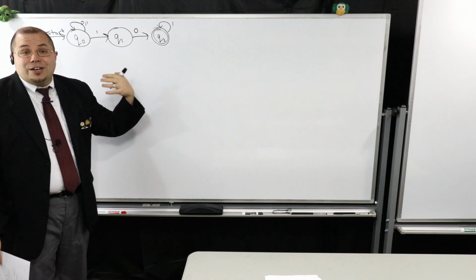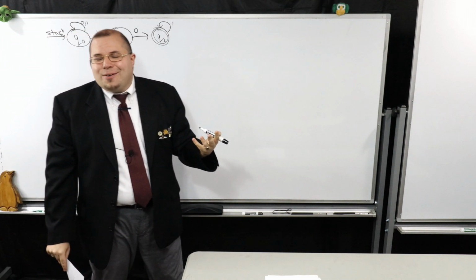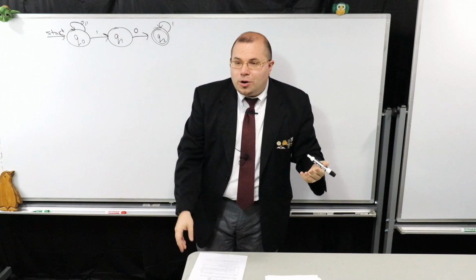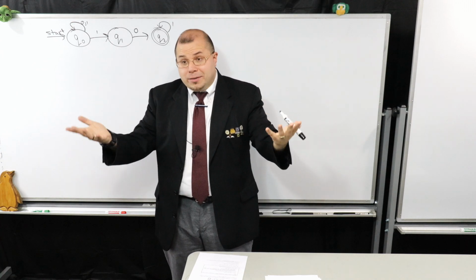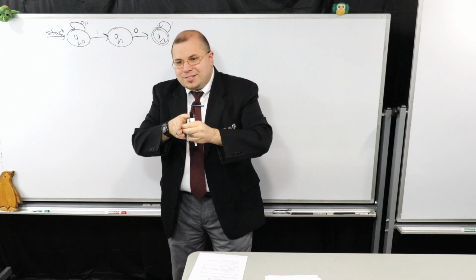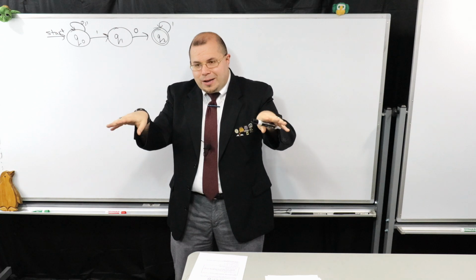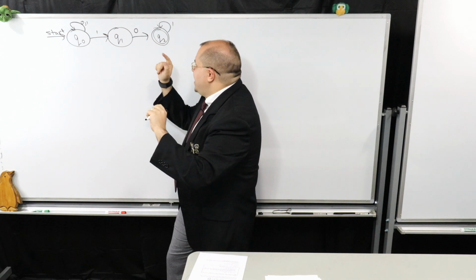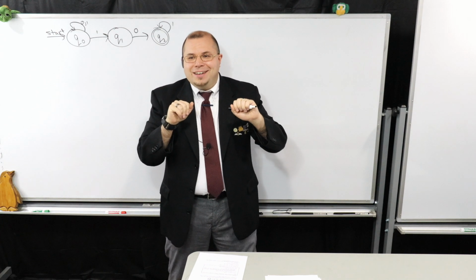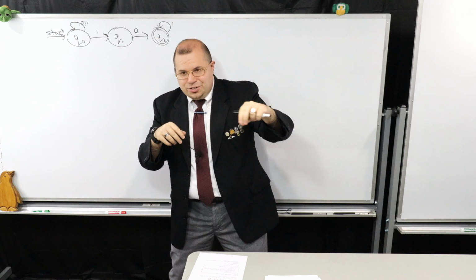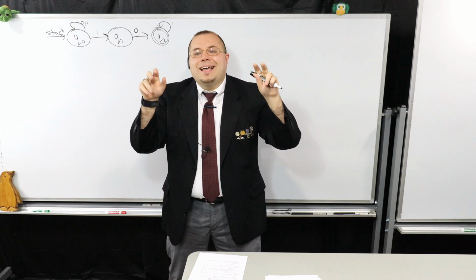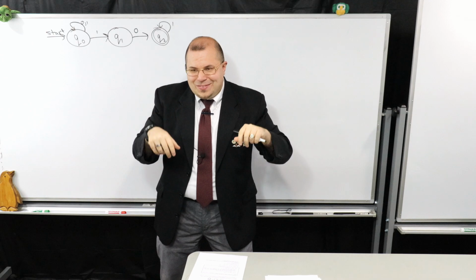The question is what happens? What happens is motivated by the same idea we talked about with the parallel threads, where you imagine the execution like a bunch of parallel threads all going at the same time. If I don't have a transition, that thread of execution ends, it dies, it gets killed.